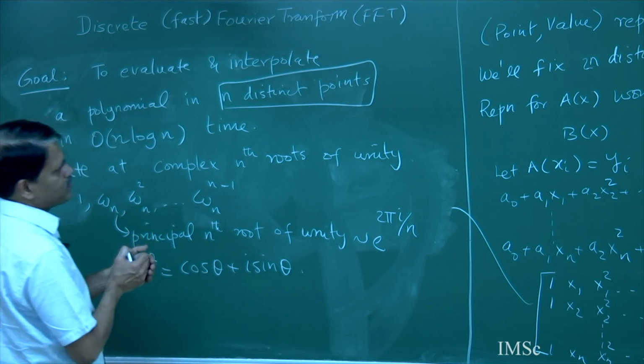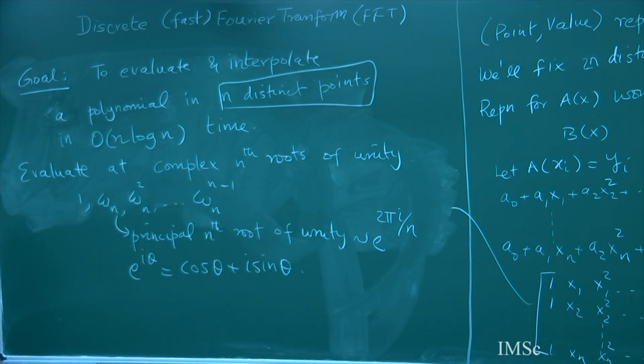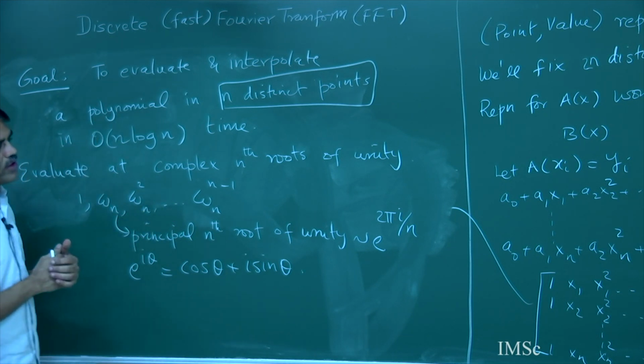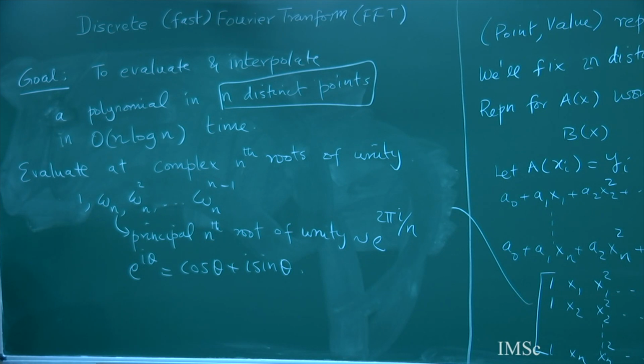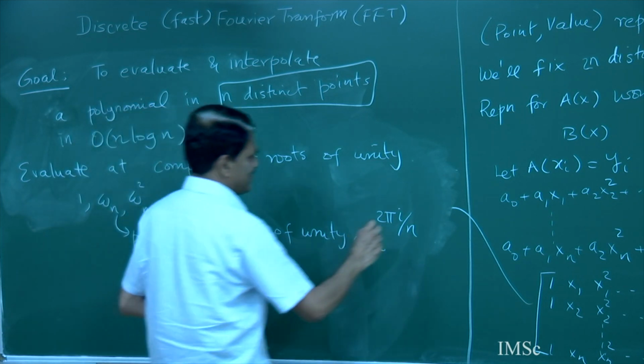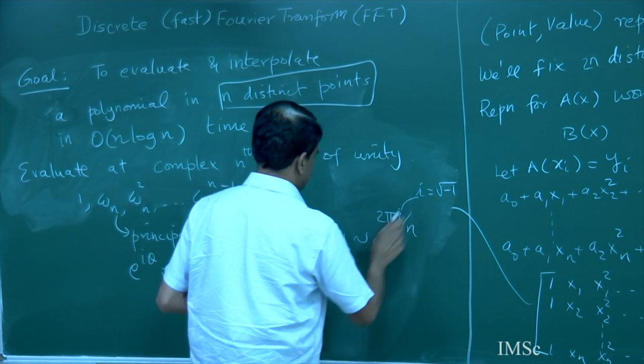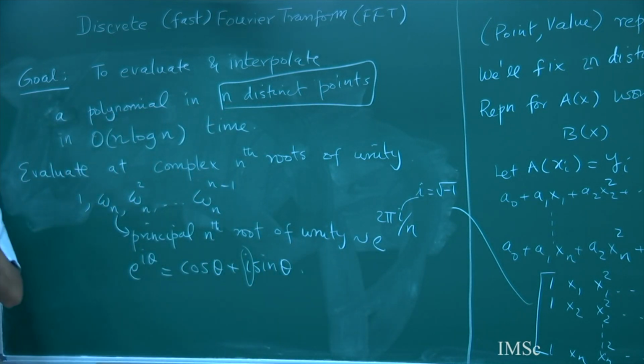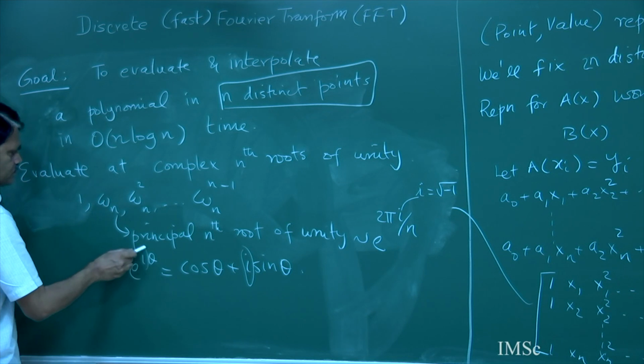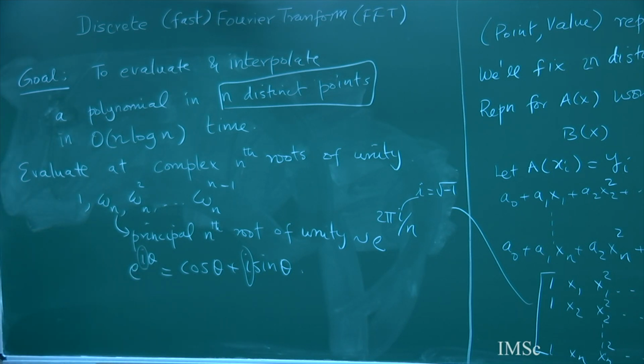Okay, and we need some other properties because we are going to use a divide and conquer algorithm to compute. So these are the endpoints on which we are going to evaluate our polynomial. Here i is the complex square root of minus 1, the same as this i.